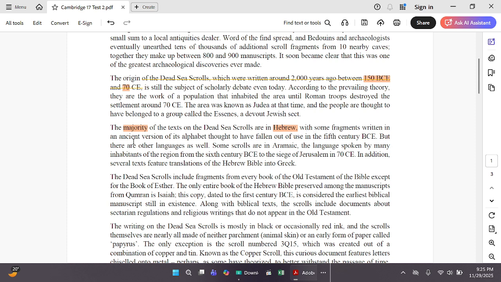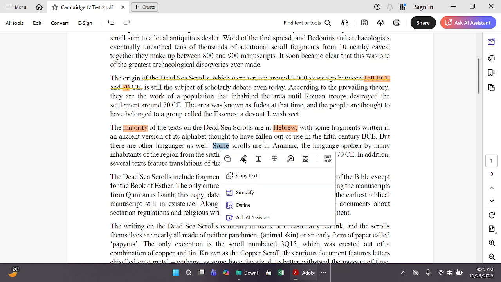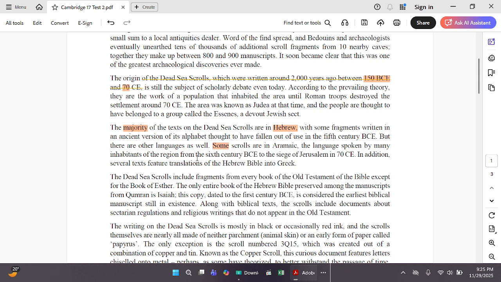Some fragments are written in an ancient version of its alphabet thought to have fallen out of use in the 5th century BCE. There are other languages as well. Some scrolls are in Aramaic or Arabic.